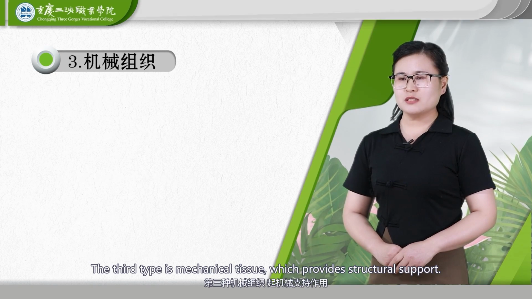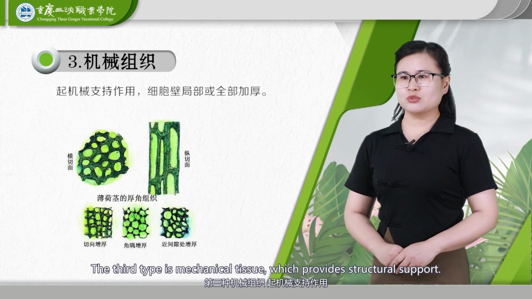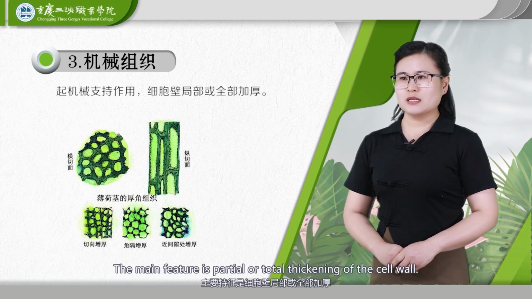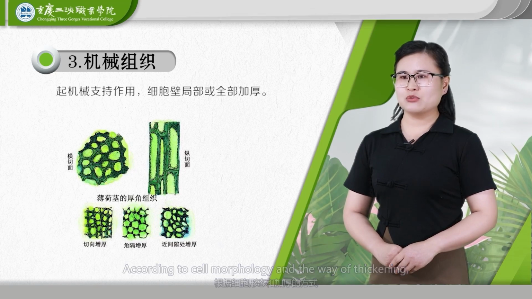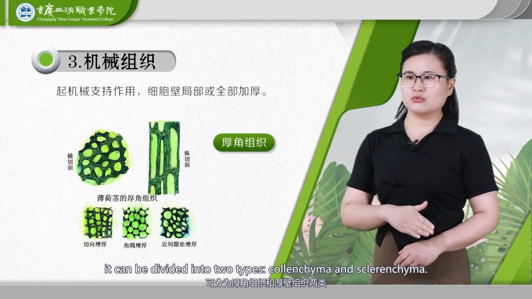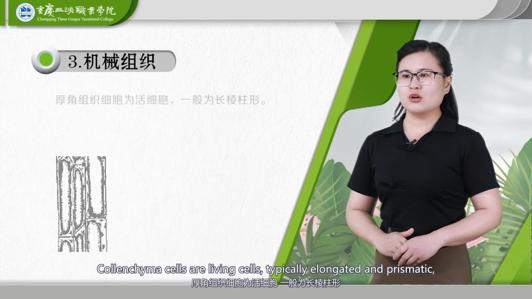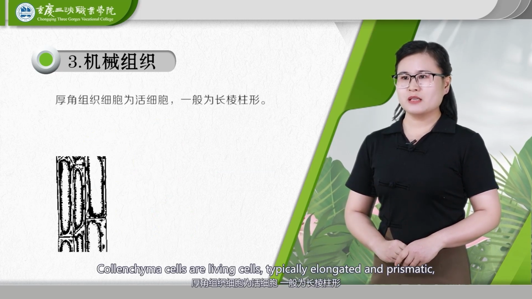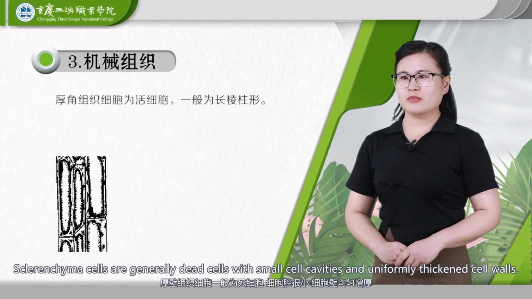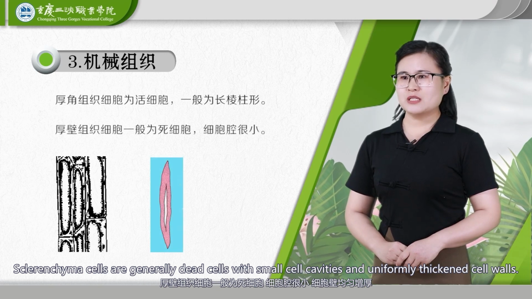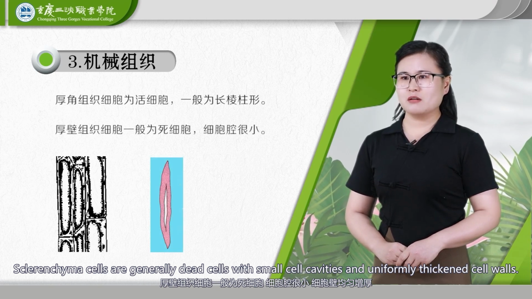The third type is mechanical tissue, which provides structural support. The main feature is partial or total thickening of the cell wall. According to cell morphology and the way of thickening, it can be divided into 2 types, collenchyma and sclerenchyma. Collenchyma cells are living cells, typically elongated and prismatic, with localized thickening often at the cell wall corners. Sclerenchyma cells are generally dead cells with small cell cavities and uniformly thickened cell walls.